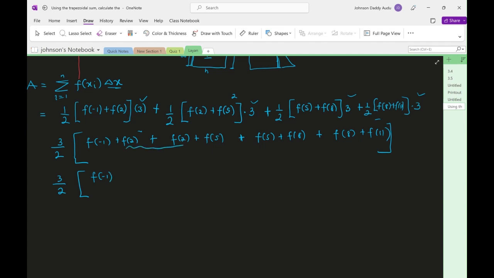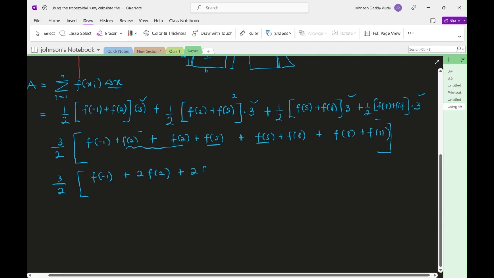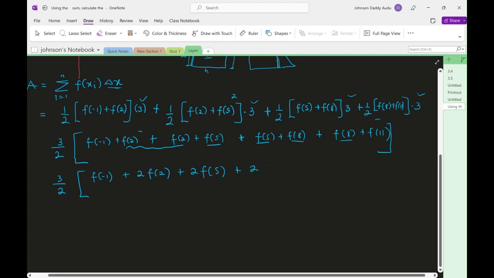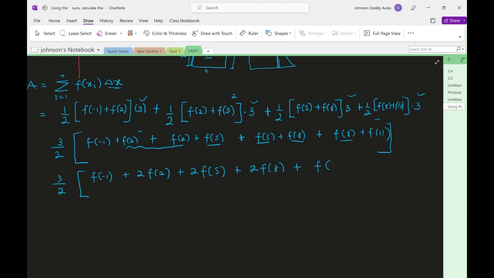You see, f of 2 appears twice, so this is going to be twice f of 2. F of 5, twice, plus twice f of 5. Then plus twice f of 8. Then finally you have f of 11. So you see, only the first and the last one appear once. The remaining happen two times.